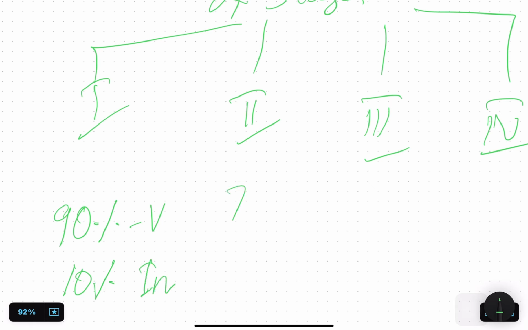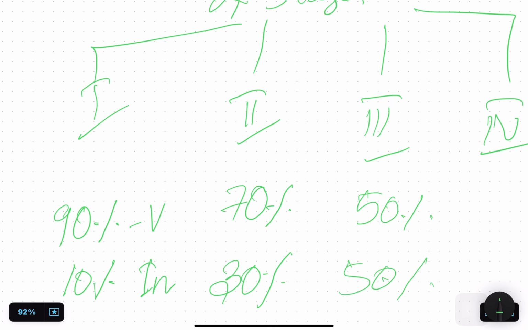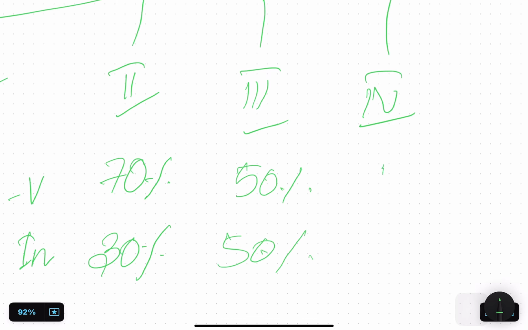In second stage 70% is visible, 30% is invisible. In third stage it's almost 50% visible and 50% invisible. But in fourth stage it's just 10% visible and 90% invisible.